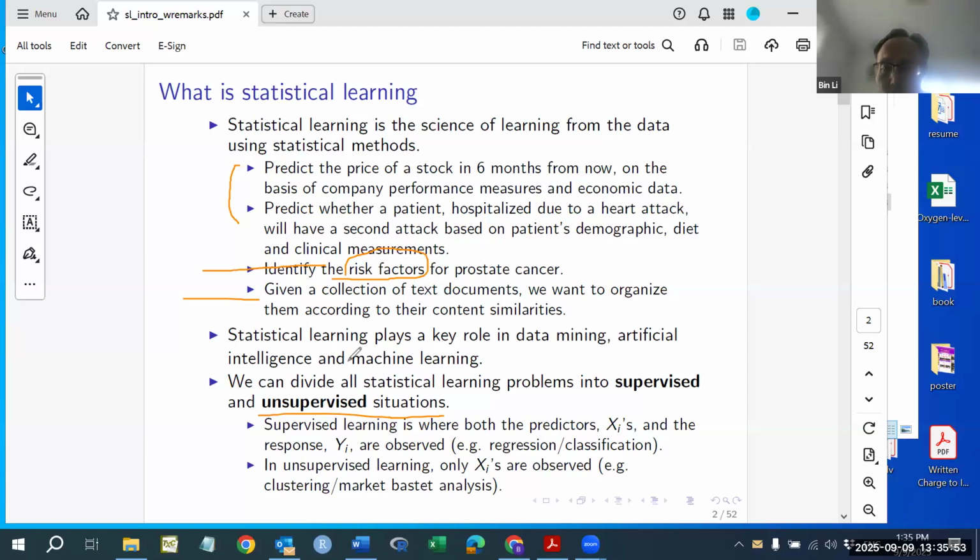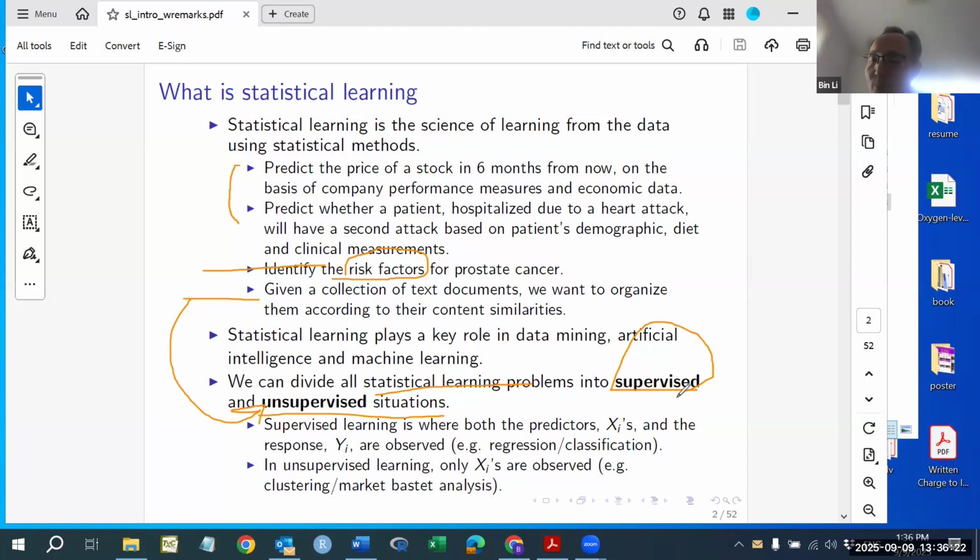Okay, so statistical learning plays a key role in data mining, artificial intelligence, and machine learning. And we can divide statistical learning into the supervised and unsupervised case. So the last one is the unsupervised. Okay, so what's the difference? The difference is, in the supervised situation, we do have a response variable, at least one response variable. Sometimes we may have more than one.